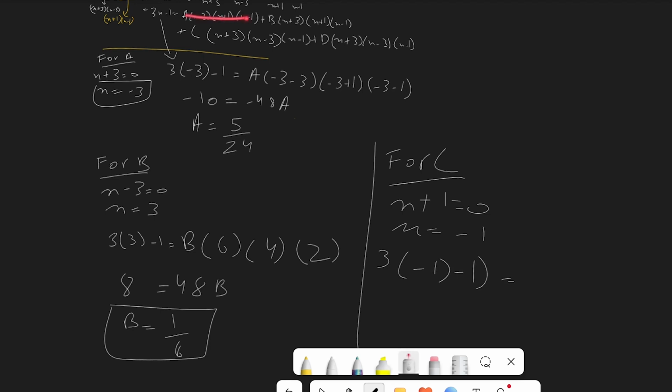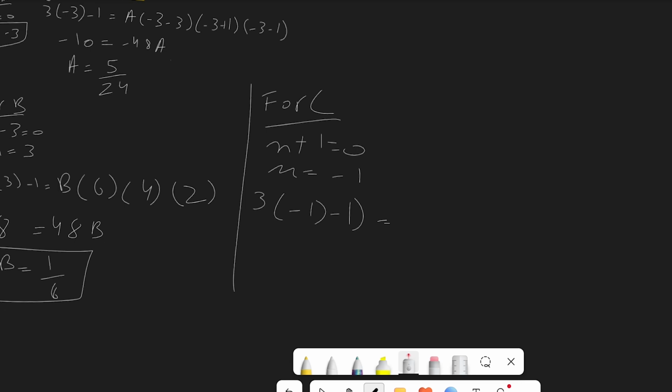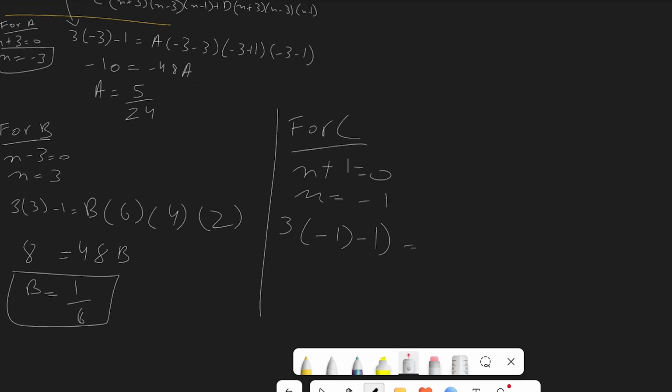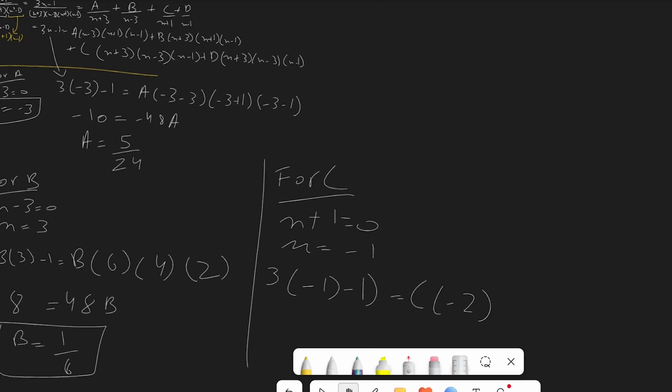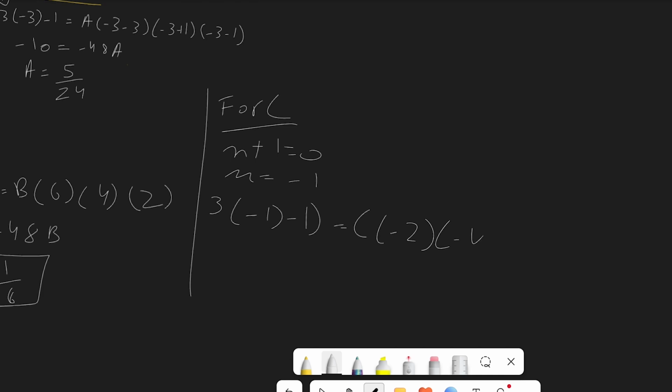We eliminate the a term and b term, and now we take the c term, c into x plus 3 into x minus 3. Minus 1 plus 3 is 2, and then x minus 3, which is minus 1 minus 3, is minus 4.